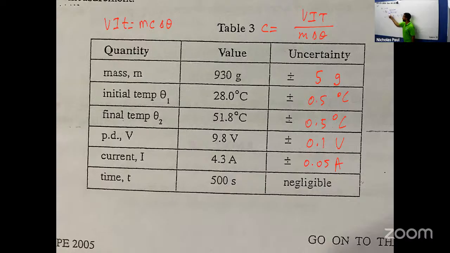Whenever we multiply or divide quantities, do we add the errors or divide them? Add, right? Even if we multiply or divide. What do you think? What do you got?